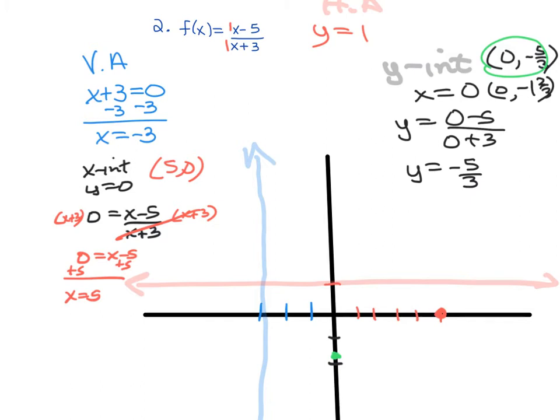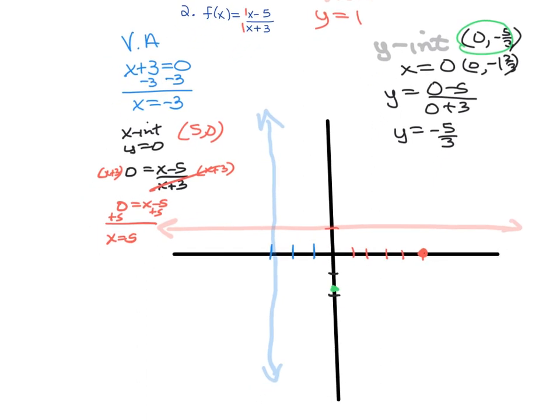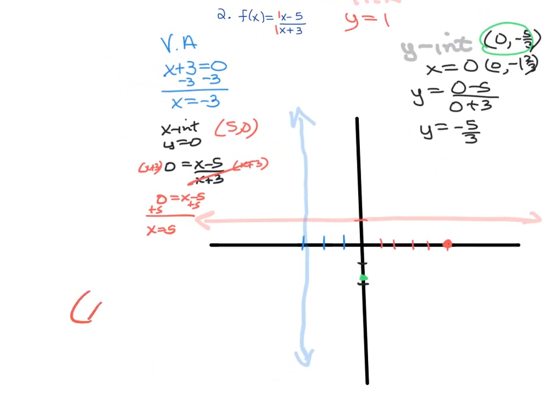And now I need to get additional points. And I would key it in my calculator. Again, remember, you're going to do x minus 5 in parentheses divided by x plus 3 in parentheses. So again, hit the y equals button. Remember to put them in parentheses.